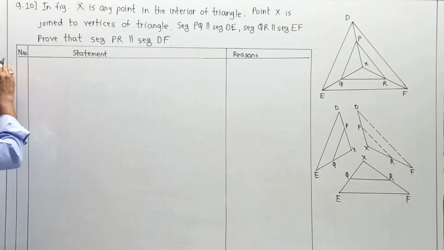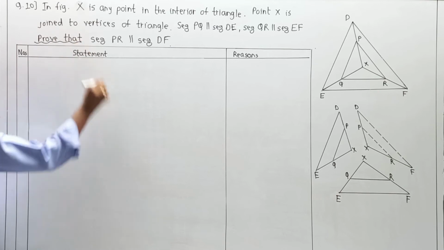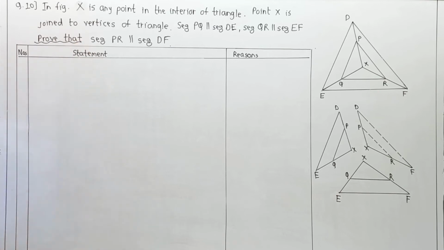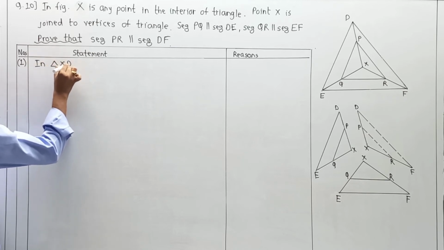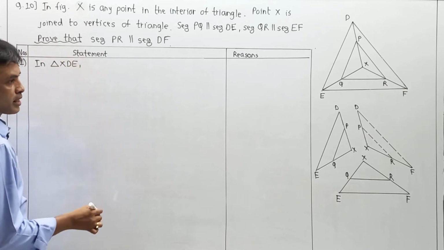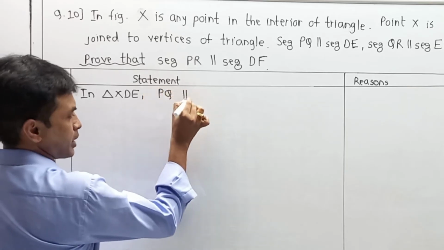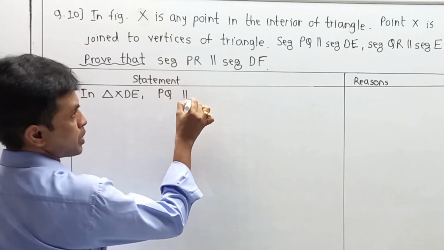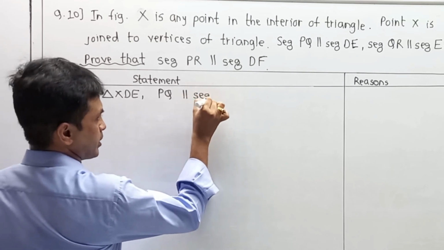Here, one by one, I am going to write the answer in the form of number, statement, reason, because they have given a condition, prove that. So I am going to write the structure of the proof over here. So first part, in triangle XDE, PQ parallel to seg DE, given.